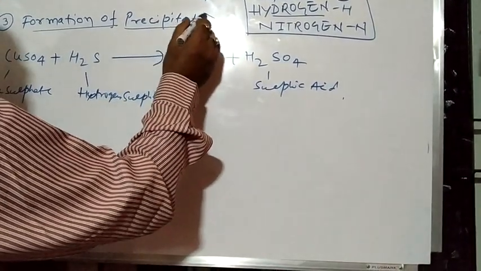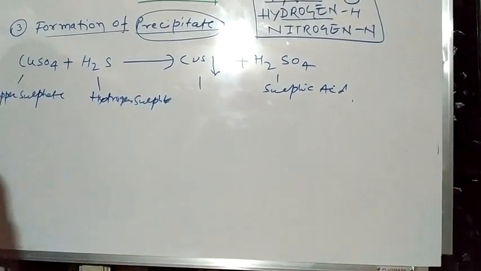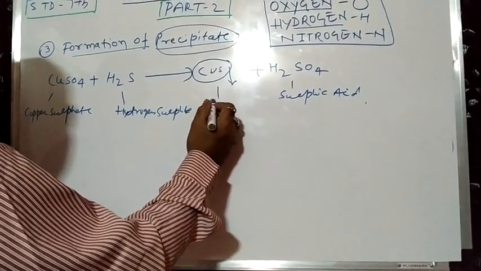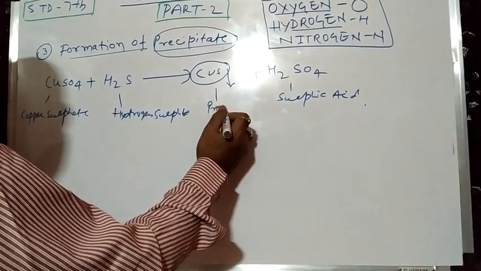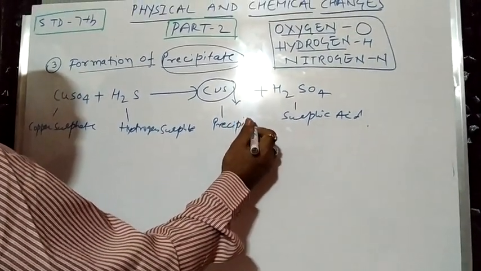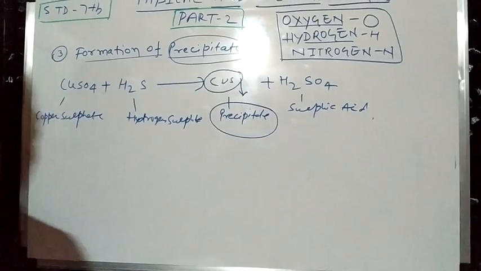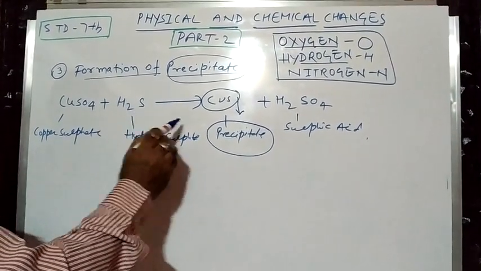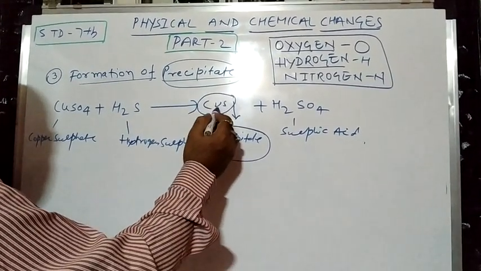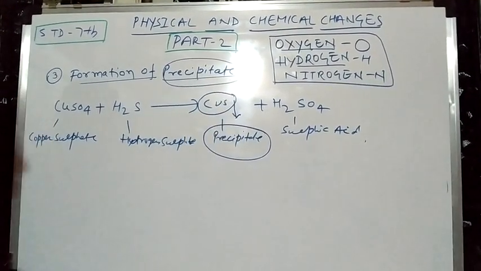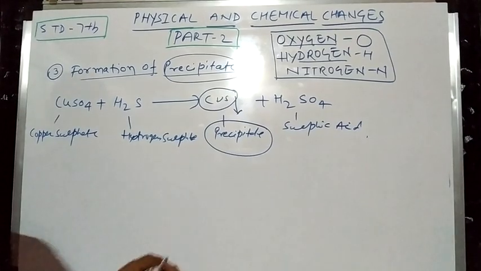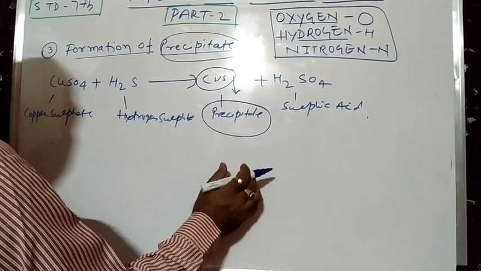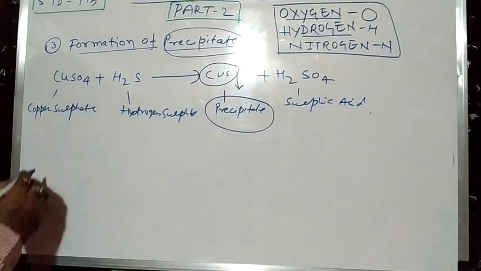So here is the precipitate. We are getting copper sulfide as a precipitate. So when there is a reaction between copper sulfate and hydrogen sulfide, we get a precipitate of CuS and H2SO4. So the solid particles are left and the sulfuric acid remains in solution.